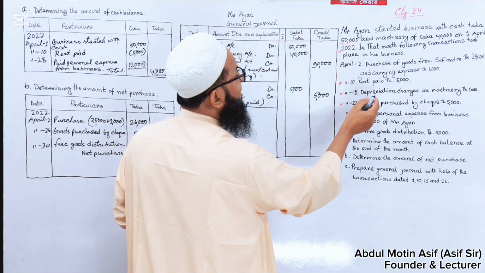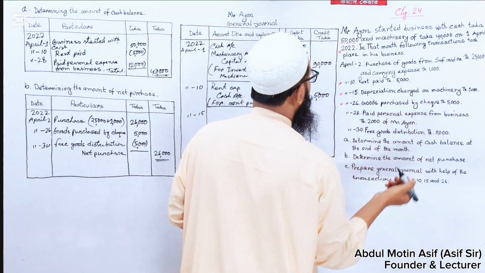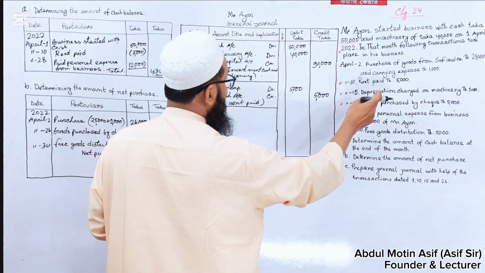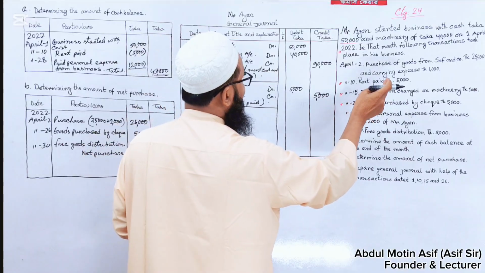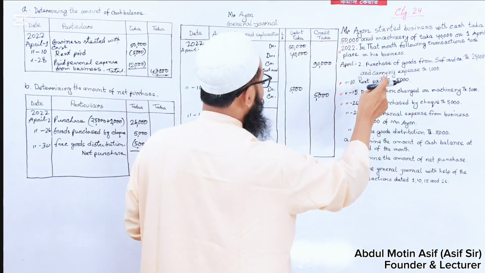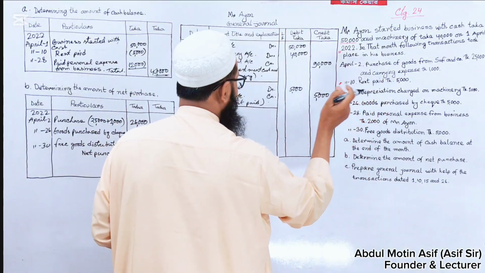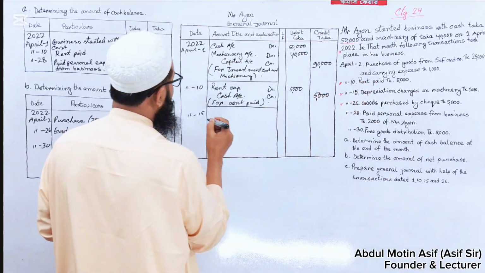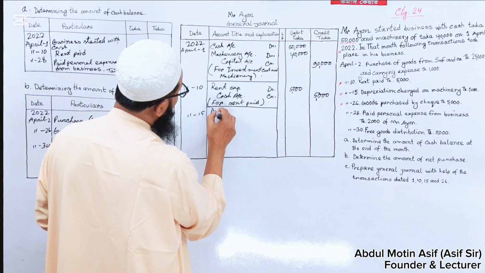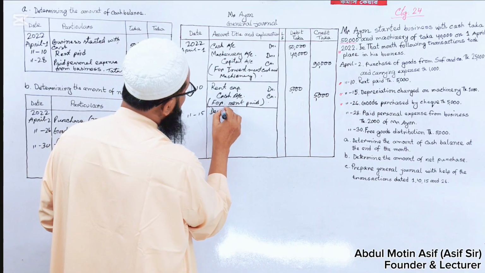Okay, dear students, date 15. Depreciation charged on machinery taka 1,000. For depreciation, expense increases. When expense increases, it's debit. For that, depreciation account debit.